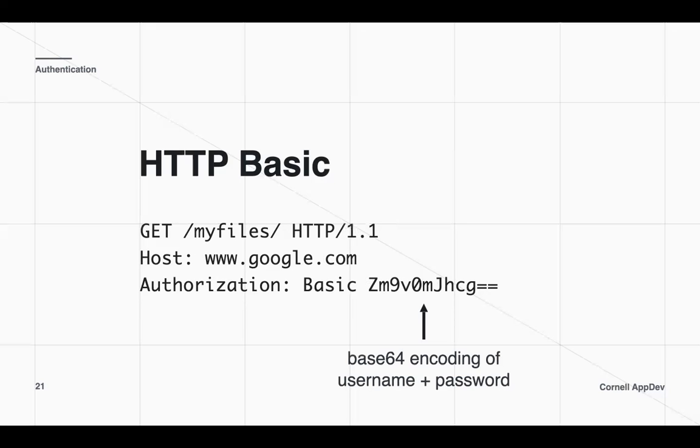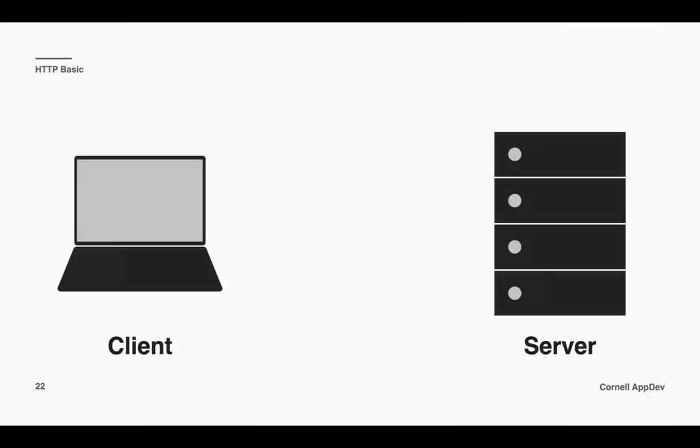You can look up online base64 encoders where you can put in text and it'll spit out a base64 encoded string. And this one just happens to be the encoding of the username plus the password. You can decode this as easily as you can encode it. So it's not like encryption where it's hard to decrypt. It's very easy to encode or decode base64.